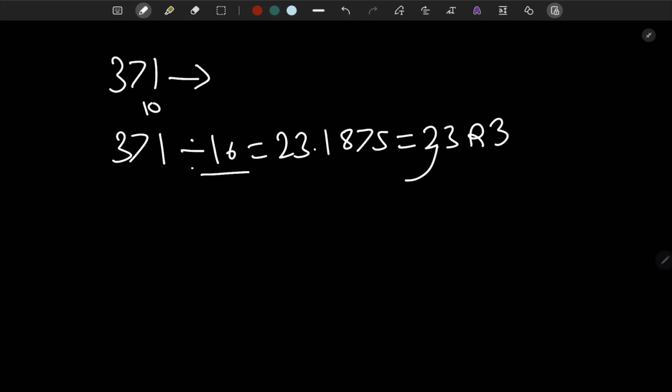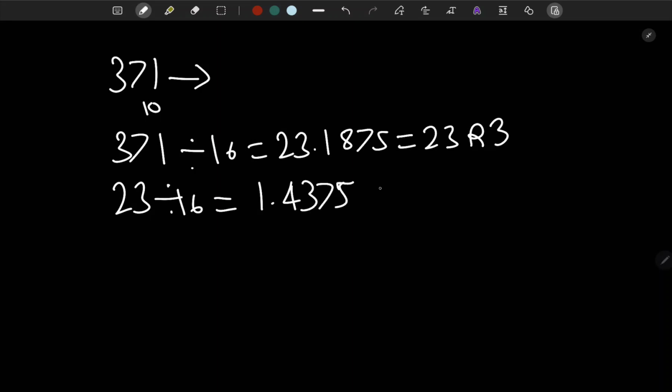So 23 divided by 16, we will get 1.4375, and again we need to write the remainder.